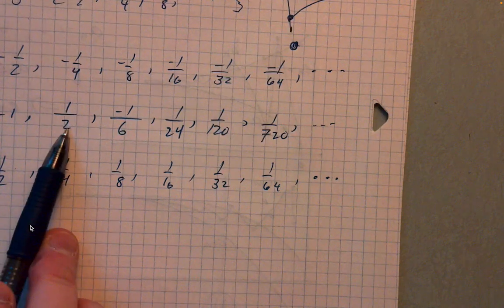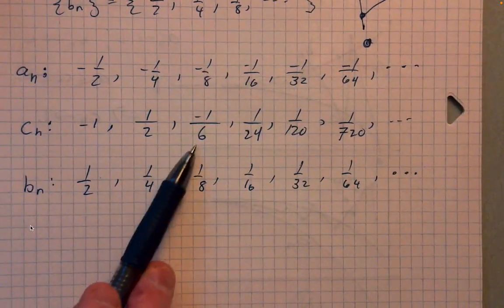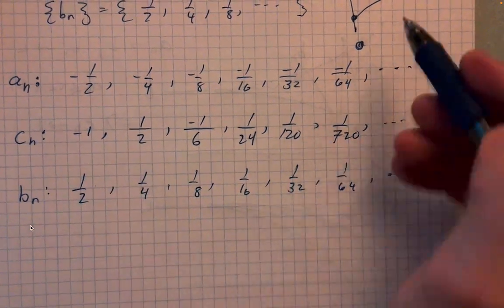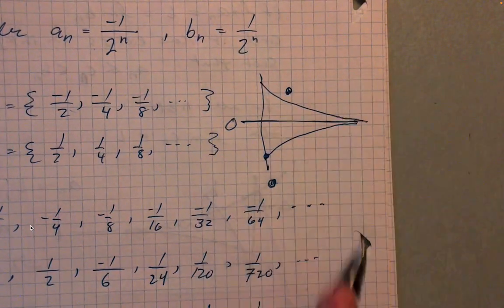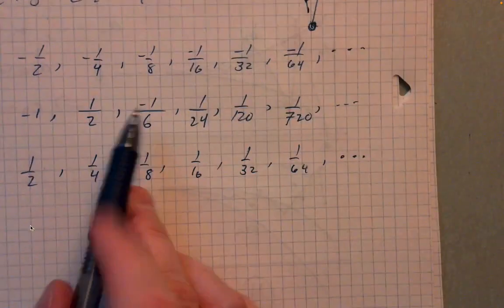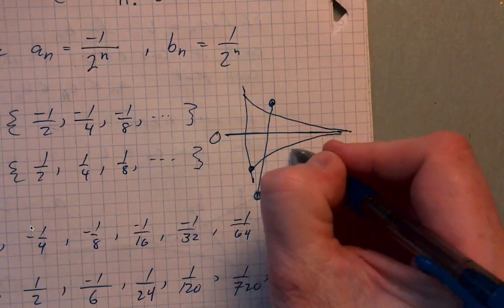And then when we move to the second term of the C sequence, we have 1/2, which is also outside. So the second term is up here. All right, so it kind of goes like this. And then it's going to be 1/6, so it's still outside.